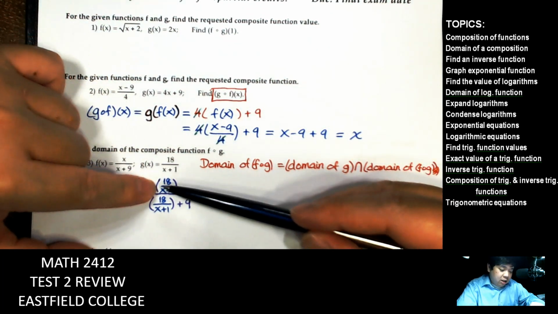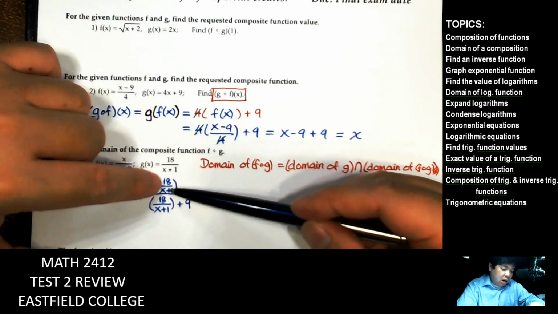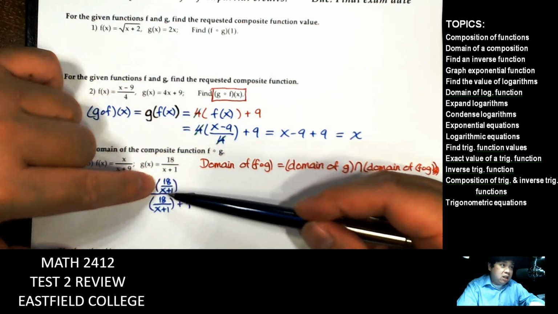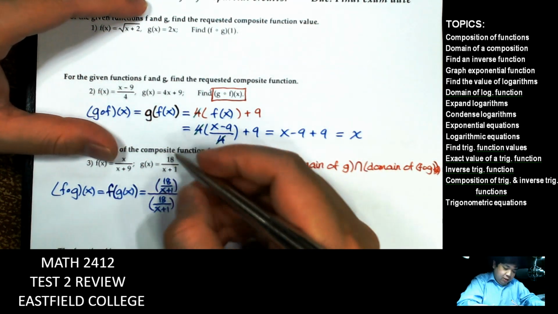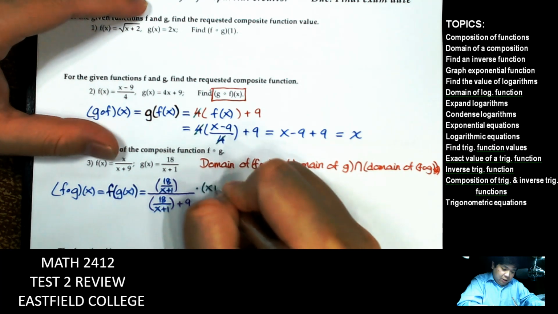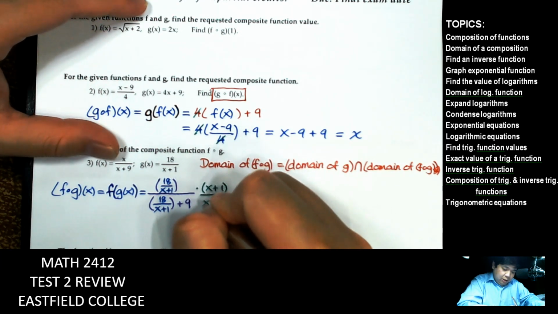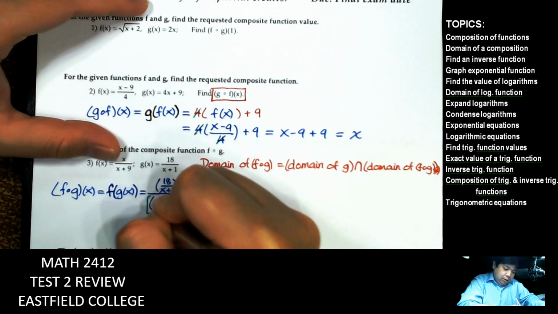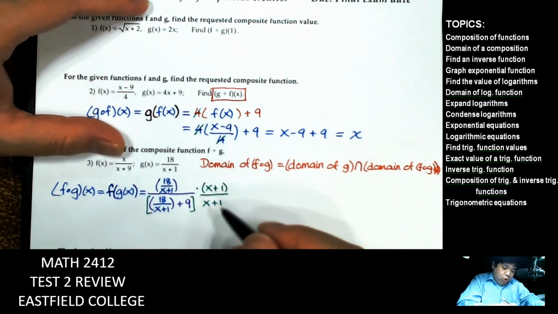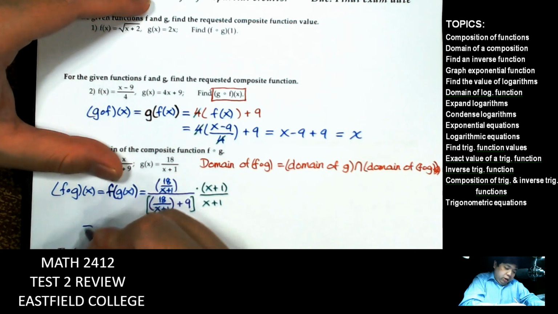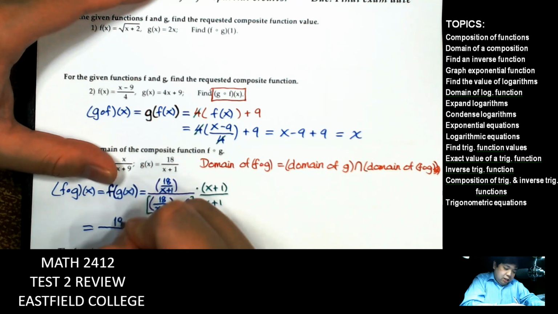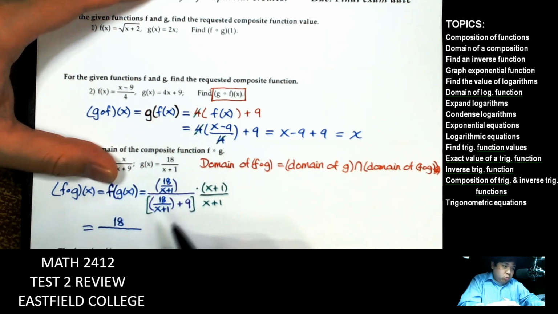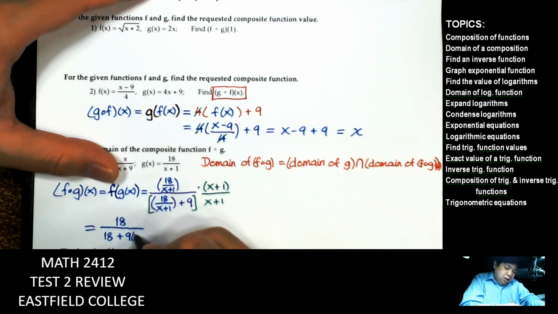To simplify this, we have a fraction on top and bottom with x plus 1 as the denominator, so we multiply top and bottom by x plus 1. The x plus 1 cancels, so just 18. And then x plus 1 times 9 gives 18 plus 9 times x plus 1.